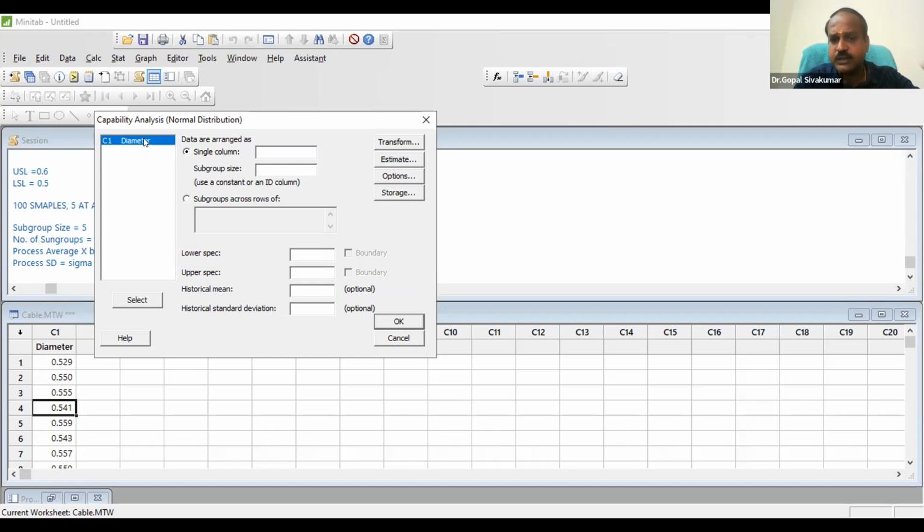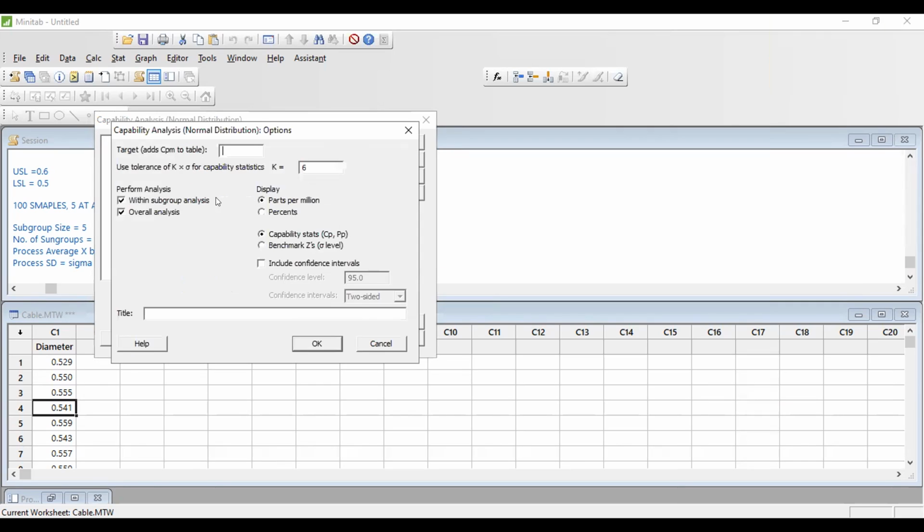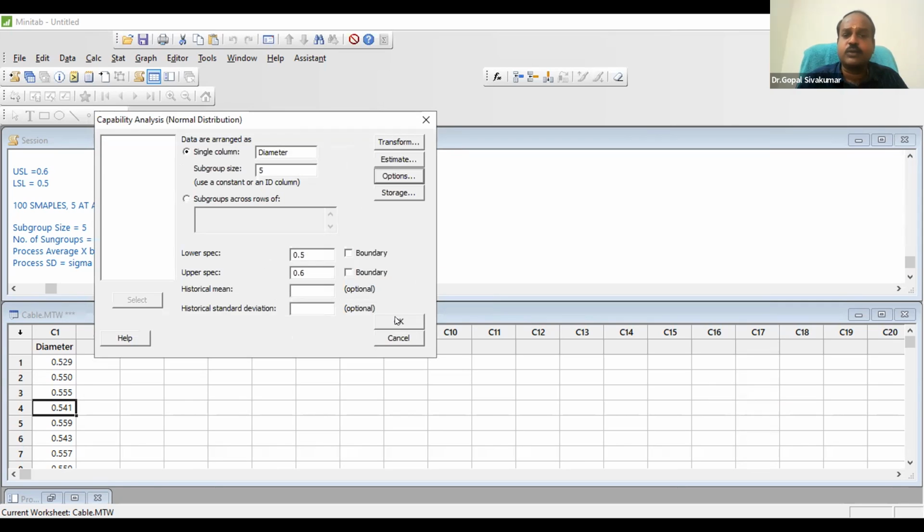It is about diameter, selected. Now subgroup size is how much? 5. What is the lower spec? 0.5. Upper spec? 0.6. That means what is the target? 0.55 is the target, right? Now going to options, I think we don't have to give anything in the options. Now you give OK.